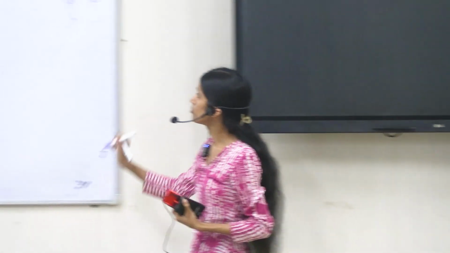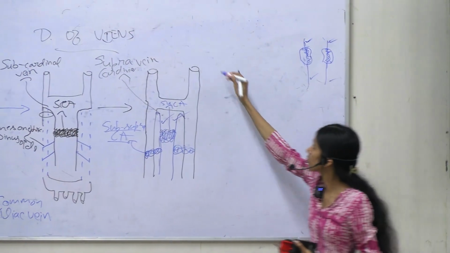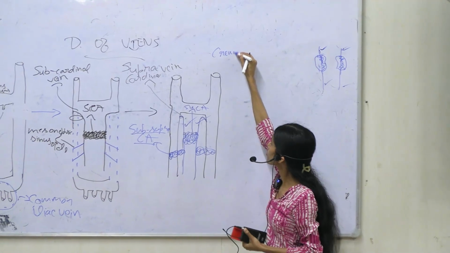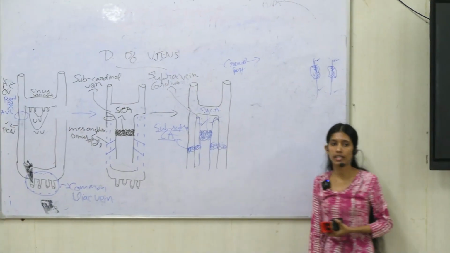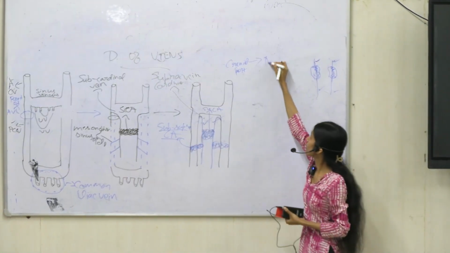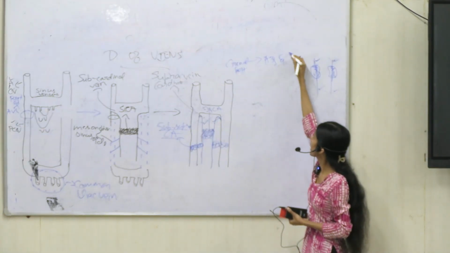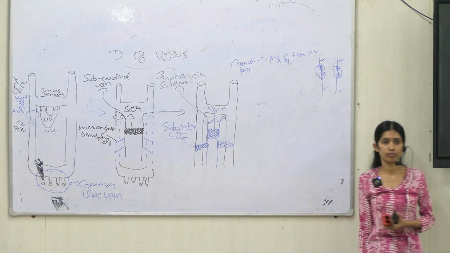Okay. So now this part, that is the cranial part, I'll write it here. Cranial part will develop into azygos and hemiazygos vein.